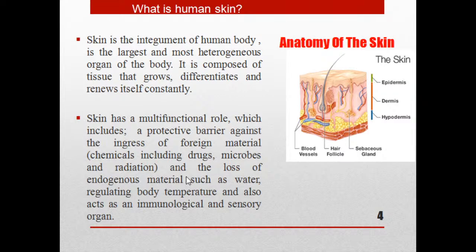The skin has a multifunctional role, which includes a protective barrier against the ingress of foreign material, chemicals, including drugs, microbes and radiation, and the loss of endogenous material such as water. It regulates body temperature and also acts as an immunological and sensory organ.